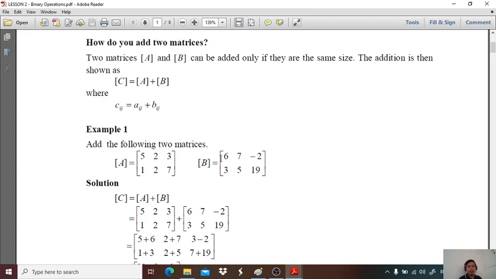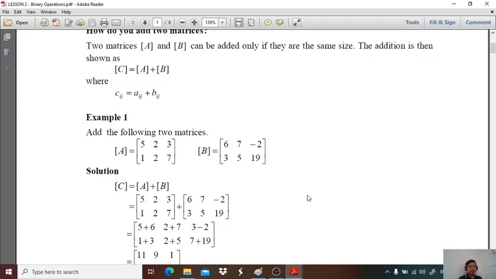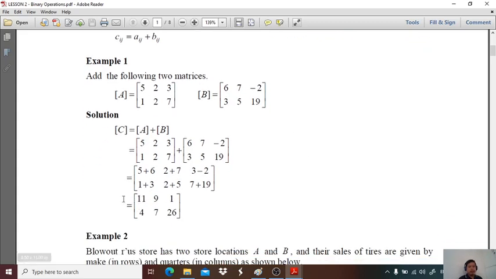So we have 5 plus 6, which is 11, then 2 plus 7, 3 plus negative 2, then 1 plus 3, then 2 plus 5, and 7 plus 19. So this is the resulting matrix, which is the same dimension or size as A and B.